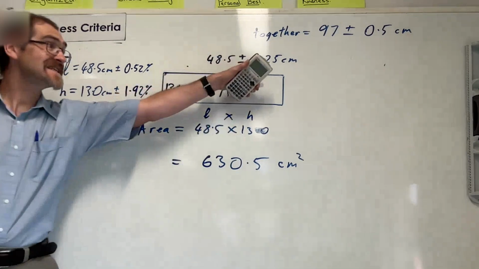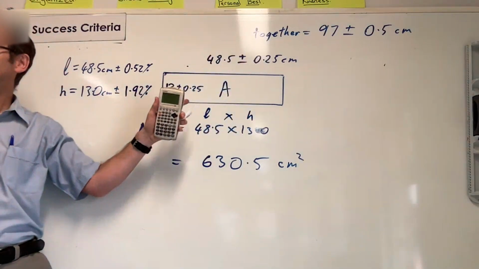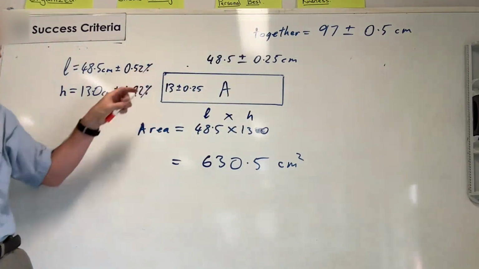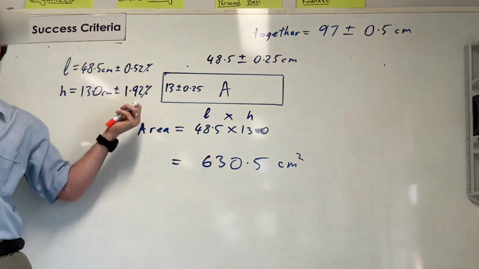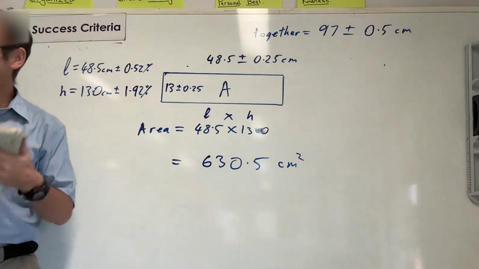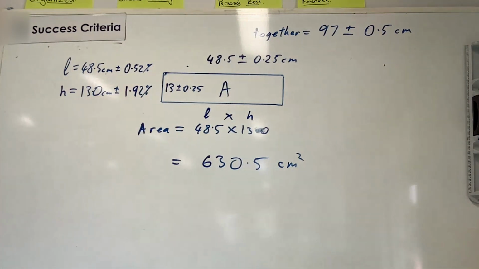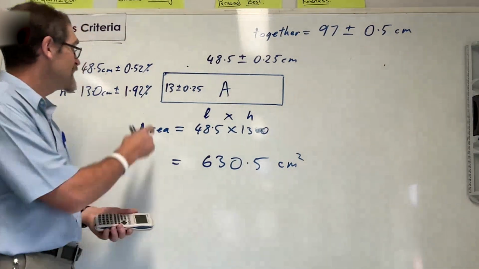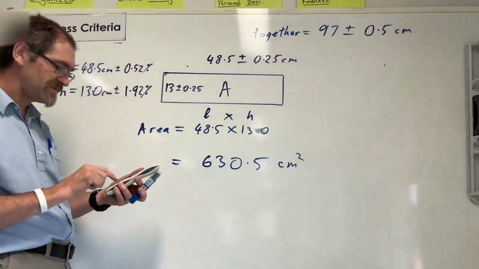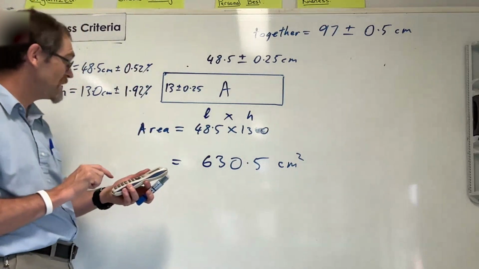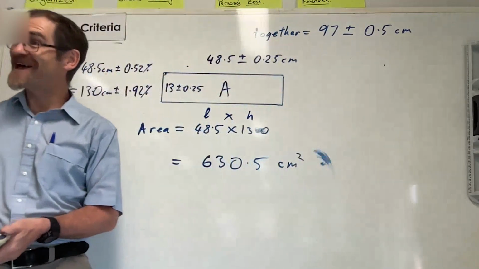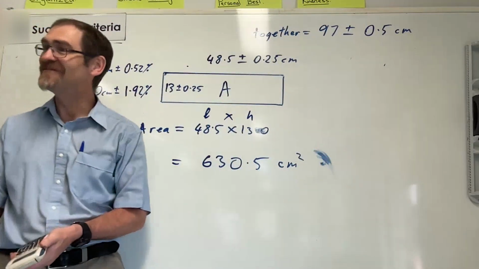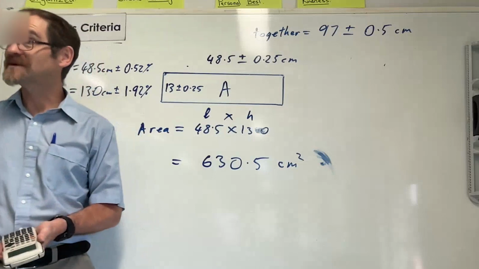Now they've got exactly the same absolute uncertainties, but straight away we notice because this is a smaller quantity, the absolute uncertainty is much more significant in a relative term. Okay, that's worthy of noting. So when we look at that, we add these two together, 0.52 plus 1.92. And so we have a relative uncertainty of 2.44%.